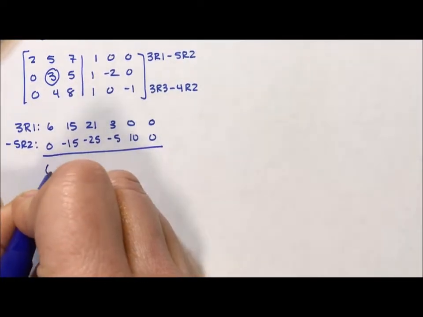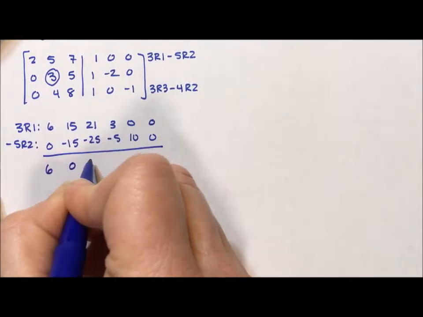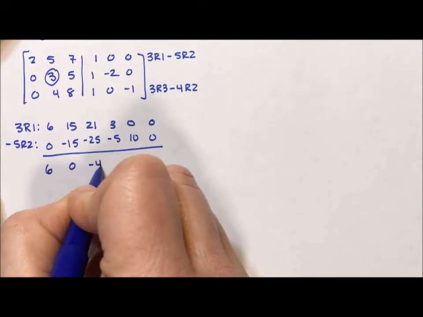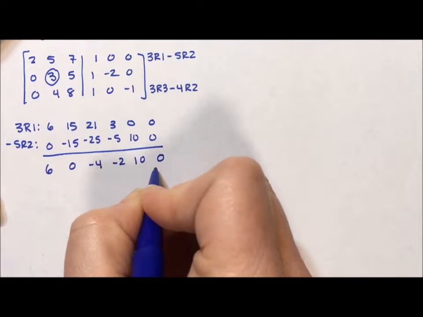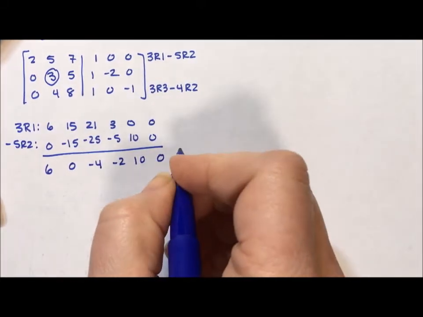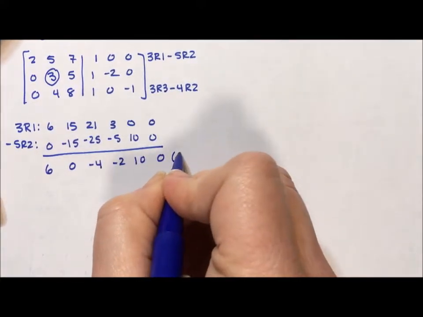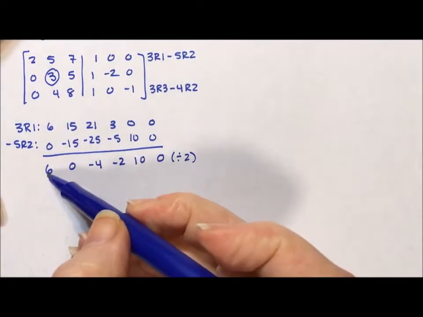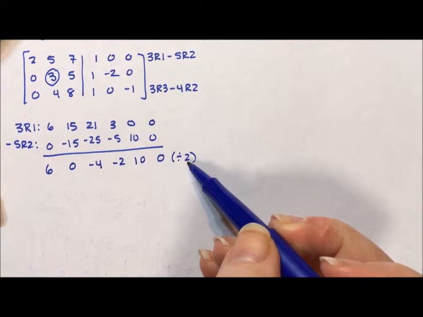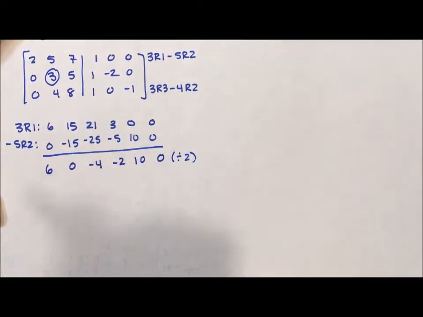When I add down, I get 6, 0, negative 4, negative 2, 10, 0. And it looks like with these numbers, they are all even, so I'm going to divide by 2. Now, some purists say I should divide by 6 to make this a 1. I'm dividing by 2 to make the numbers smaller, but I'm not going to go to fractions just yet. I save fractions for my last step.